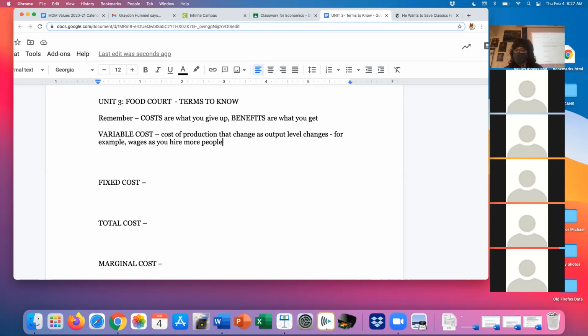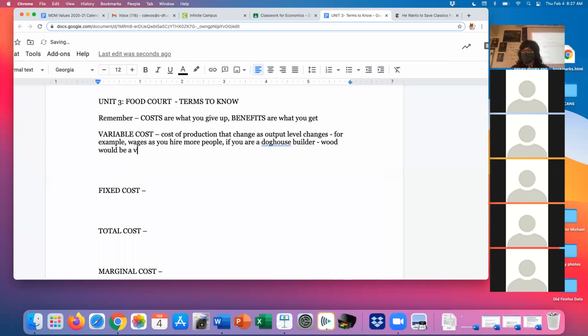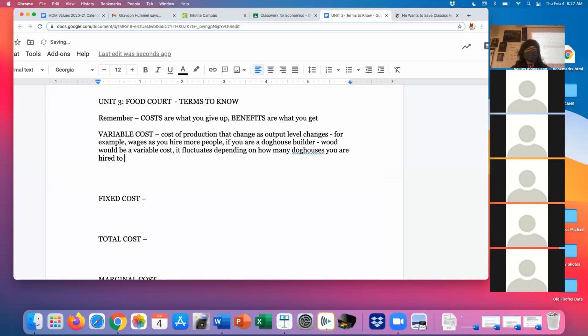Okay? Say you're a doghouse builder. Wood would be a variable cost. It fluctuates depending on how many doghouses you are hired to make, okay?